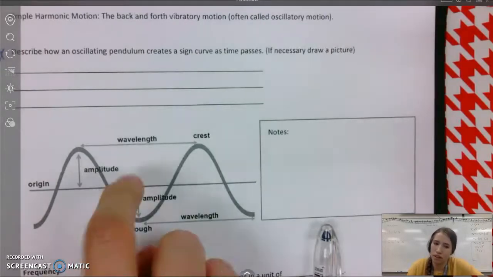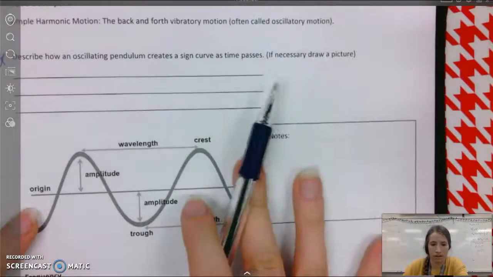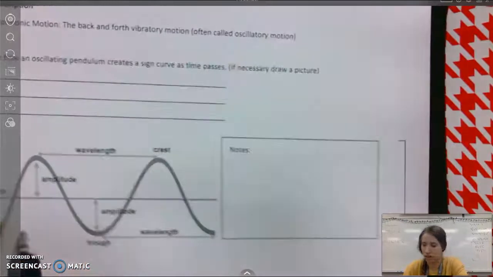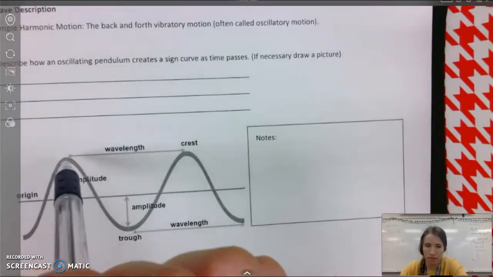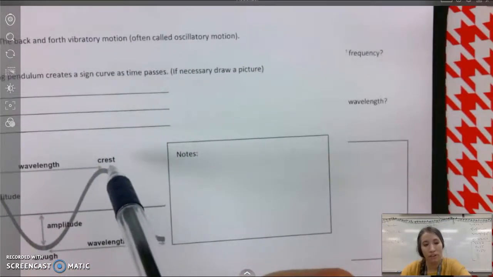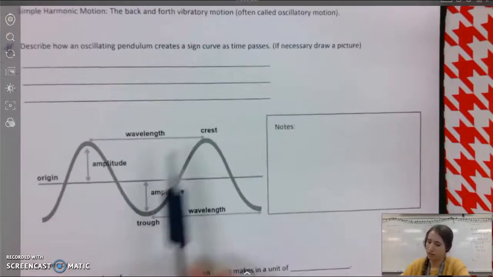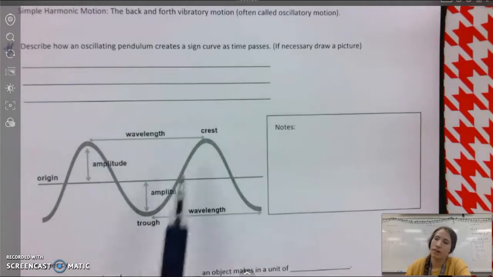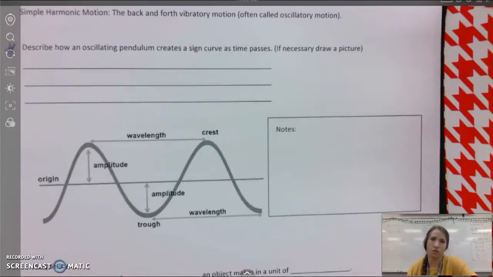And so if this wave was moving, right, with our pendulum and it was going across there, it would be the time that it took for that pendulum to go from one place and then go back to where it ended, right? And so one way of looking at this wave here, a period is the time it takes for a complete wavelength to occur or to pass a certain point.